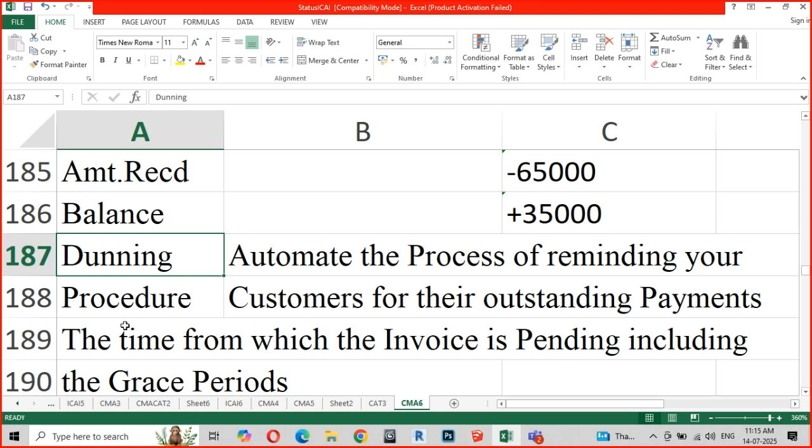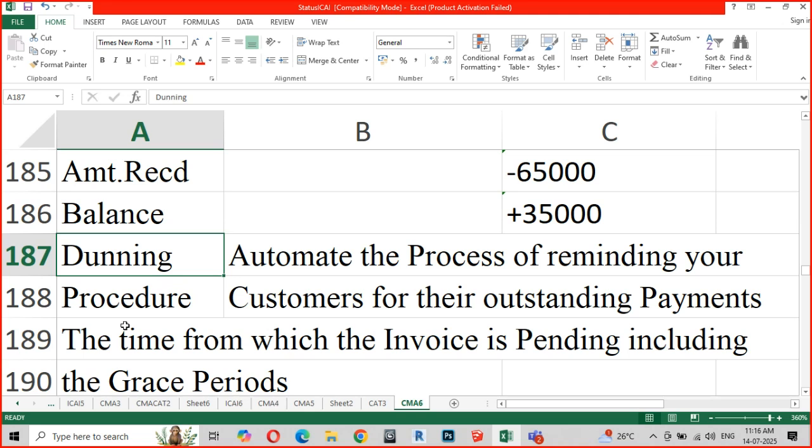Nobody else will be responsible for these two processes: your automatic payment program for payables, and your dunning process relating to your customers.